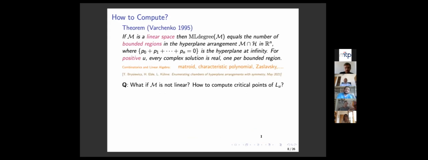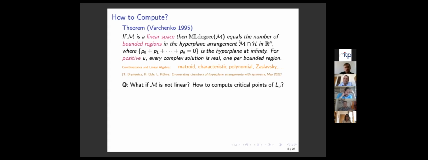Now, how do you compute the ML degree? Well, let's suppose for a moment M is a linear space. So suppose M is cut out by homogeneous linear polynomials. Then there's a theorem, well known in our community as Varchenko's theorem, that says the ML degree is equal to the number of bounded regions in the hyperplane arrangement, right?